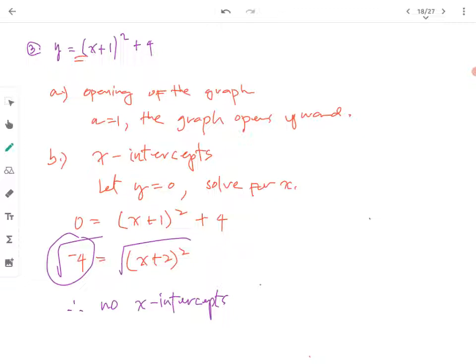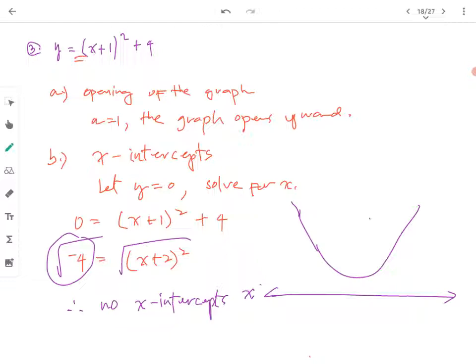So imagine the graph. It goes upward, it does not cross the x-axis. If this is the x-axis, I think it's above the x-axis. So that is our first picture of the graph.